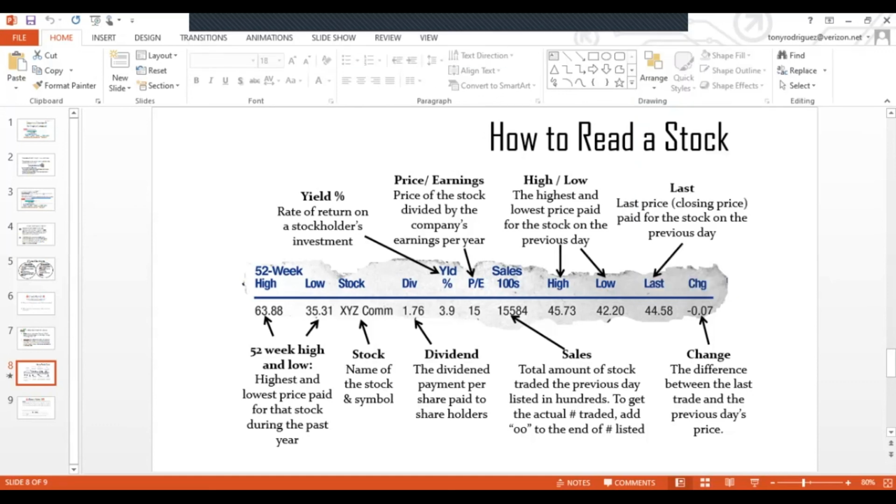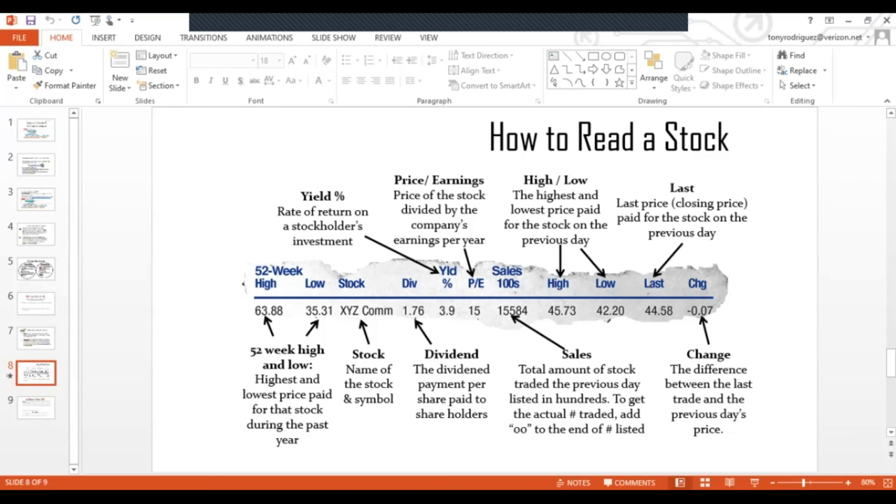Okay, this column here that says change, here's the deal, right? We look at this price here that says last. This is the last price that your stock sold for on that day when the stock market closed. Now, what you do is you take this and you identify what was the last price from yesterday, you subtract the two, and that's going to tell you what this number of change is, comparing today to yesterday.